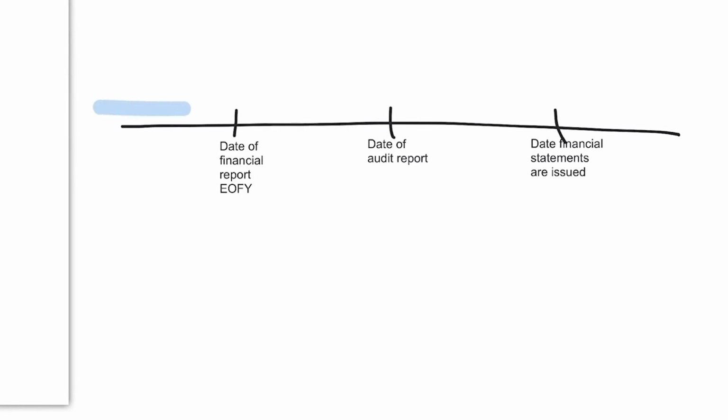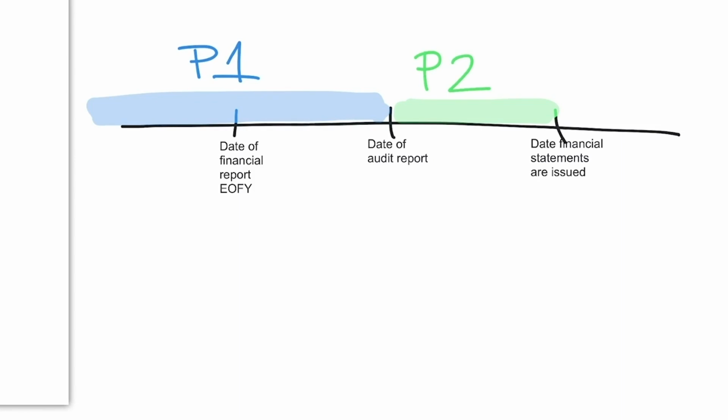So anything up to this point here is period 1. And I'm going to highlight in the video in relation to these colors. Anything between the date of the audit report and the date the financial statements are issued is period 2, and then the yellow is anything after the date of the audit of the financial statements.